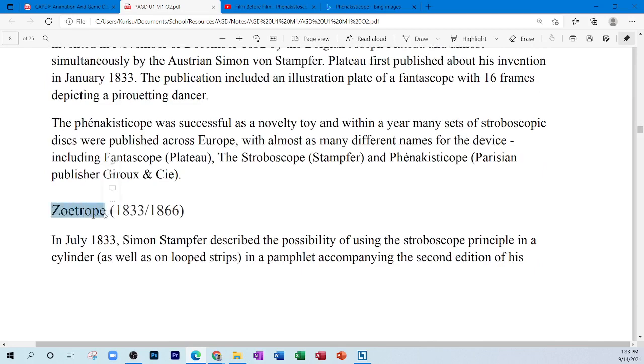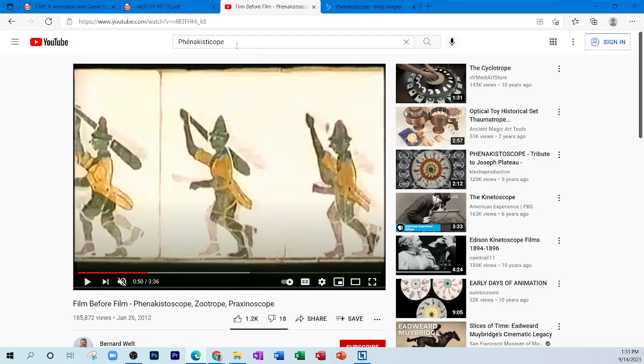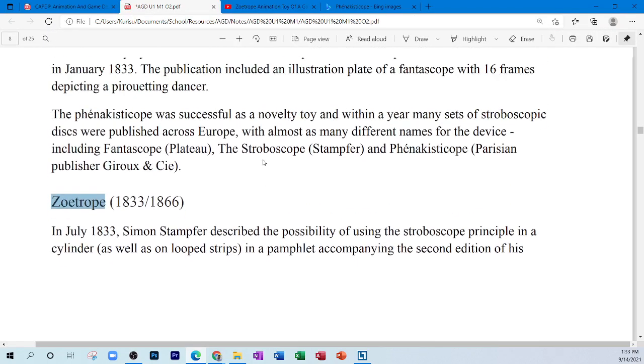Let me just look at a zoetrope. Was that listed at the bottom here?